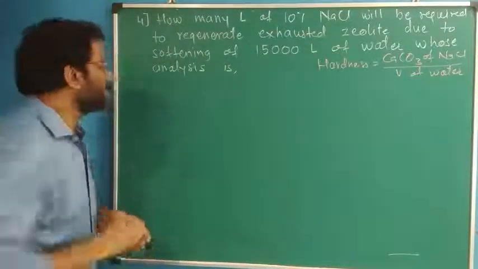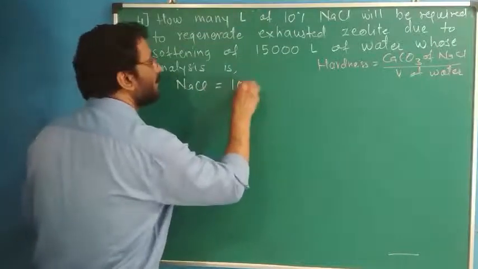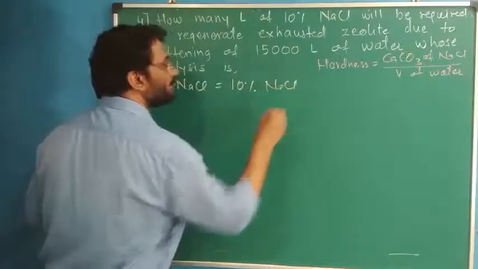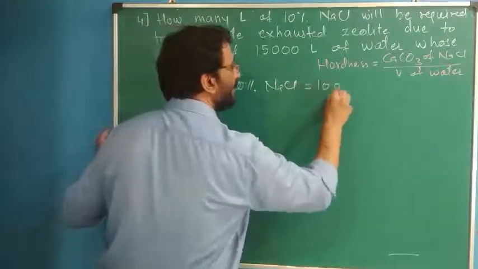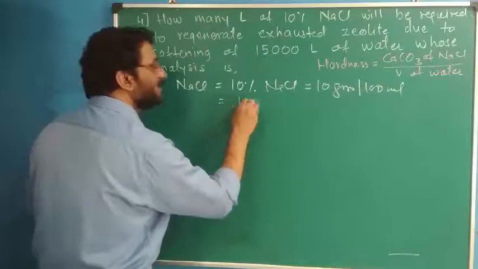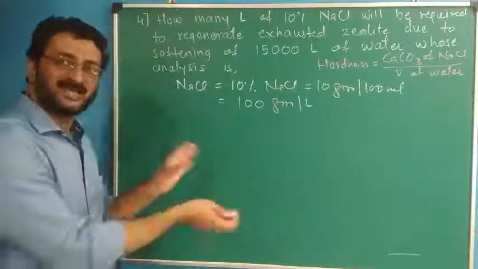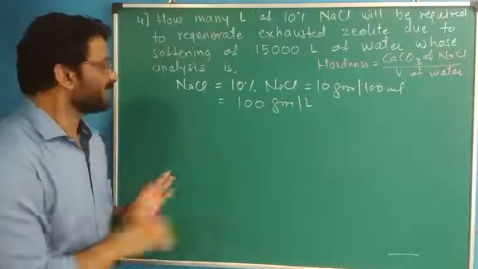Now go to NaCl. How much NaCl? 10% NaCl. Okay. That is 10 gram per 100 ml. That is 100 gram per liter. Now rest of the problem is exactly as that of the earlier. No change as such.